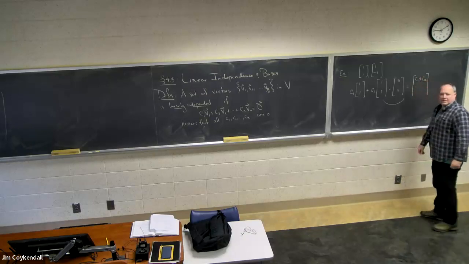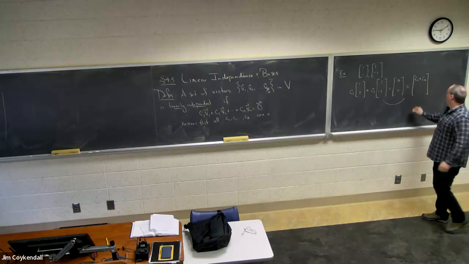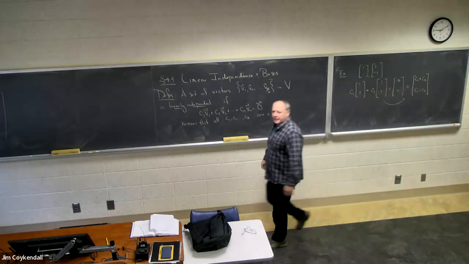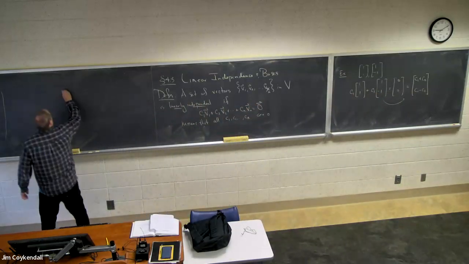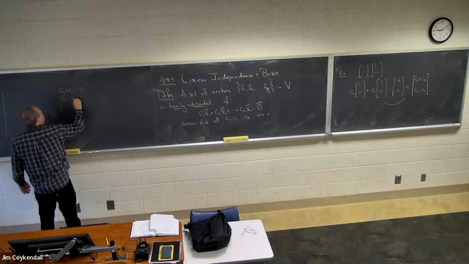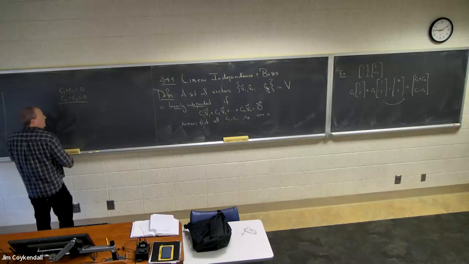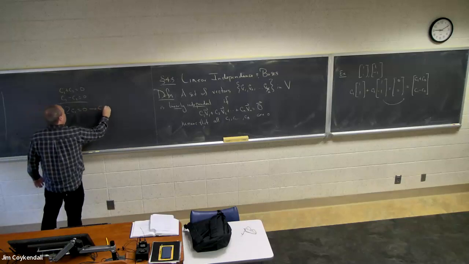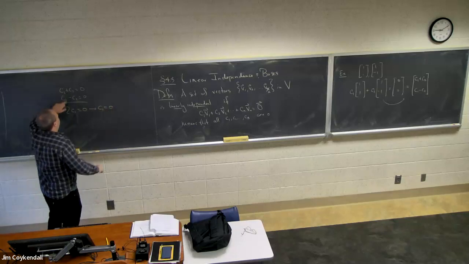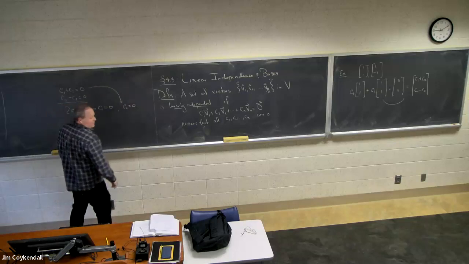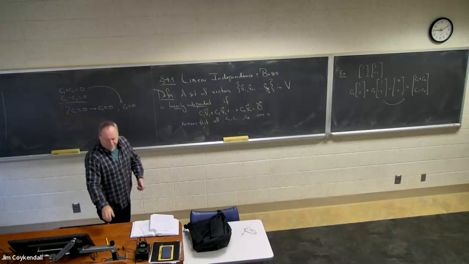And how about the bottom? c1 minus c2. So you get two equations: c2 must be 0, and c1 minus c2 equals 0. You add these up, and you get c1 is 0, and c2 is 0 as well.